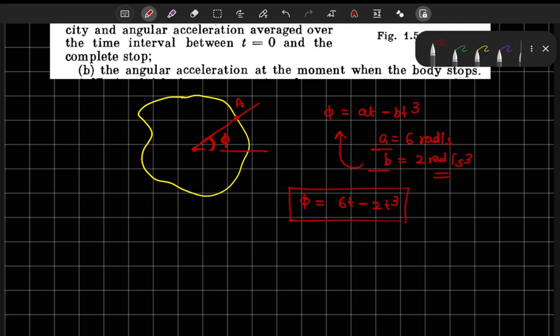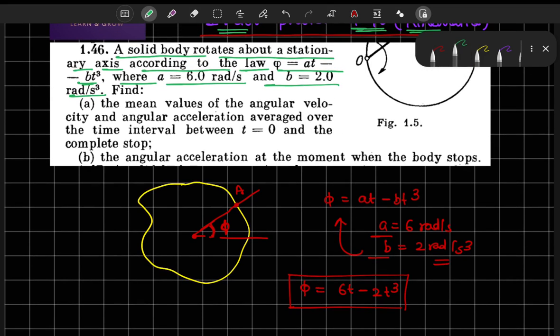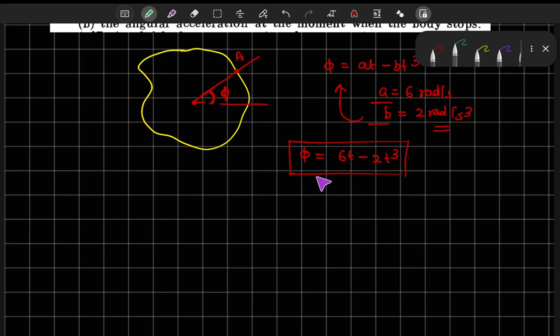Now in the first part of the problem it is asking to find the mean values of the angular velocity and the angular acceleration averaged over the time interval between t is equal to 0 and the complete stop. First of all we will find the equations of angular velocity and angular acceleration to see whether the angular acceleration is constant.